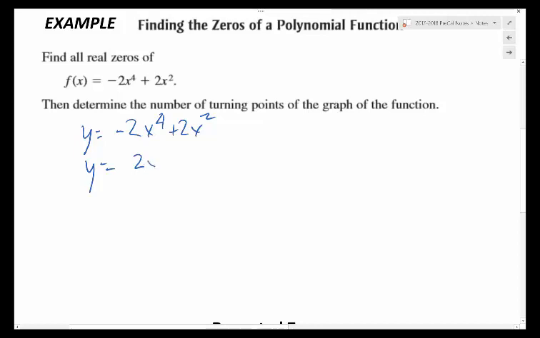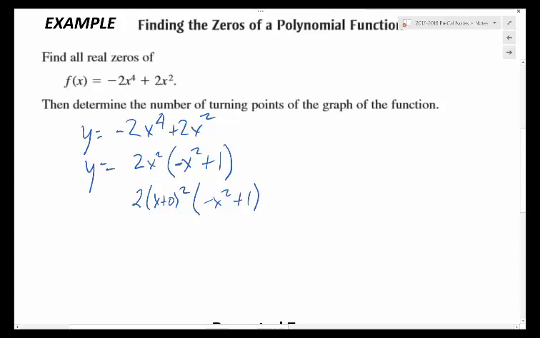A positive 2x squared times negative x squared plus 1. Remember this is 2 times x plus 0 squared, and then I'll have negative x squared plus 1.